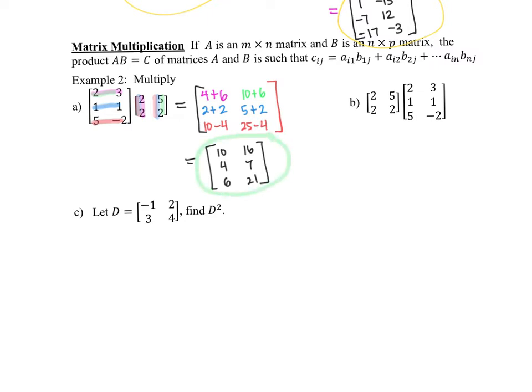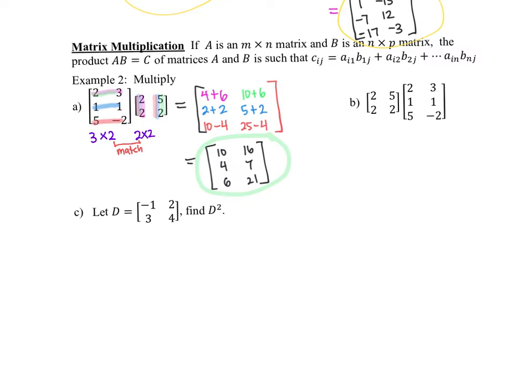Okay, and I'm going to point out something about the dimensions because they don't have to be the same size, but you do need certain elements to match up for this to work out. So if I look at the first matrix, this was 3 rows, 2 columns, 3 by 2. The second one was a 2 by 2. If I want to multiply it, since I'm doing the rows with the columns, these two have to match, because otherwise it's not going to work out.